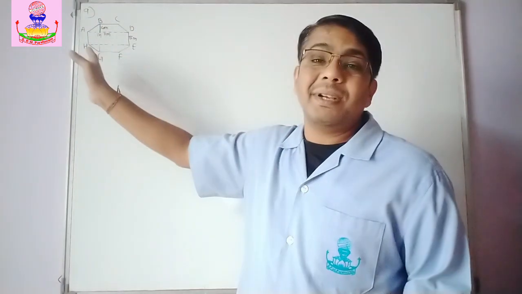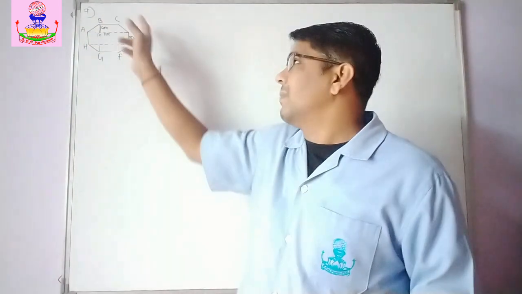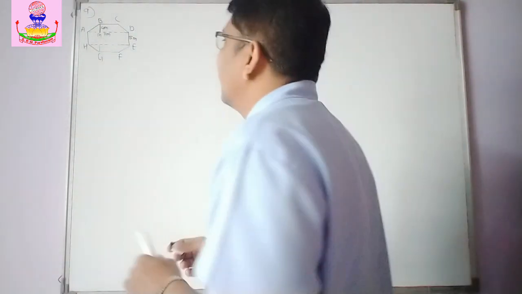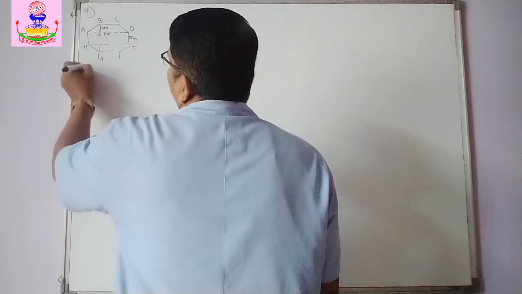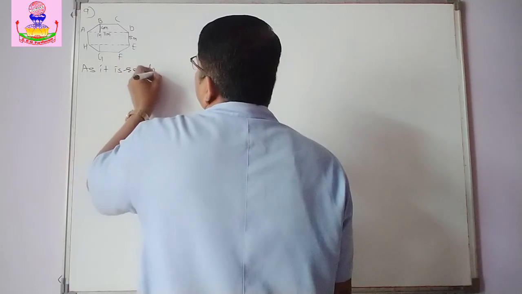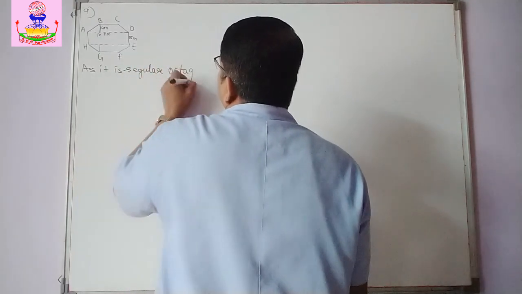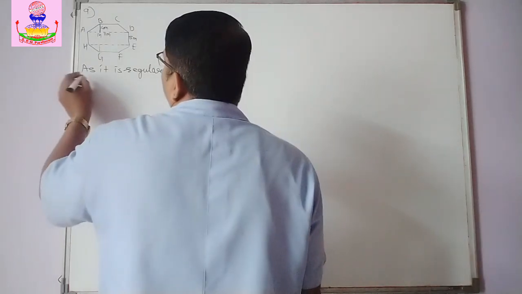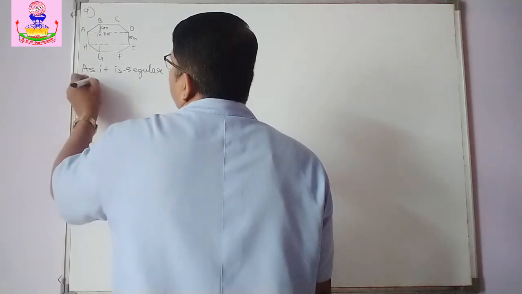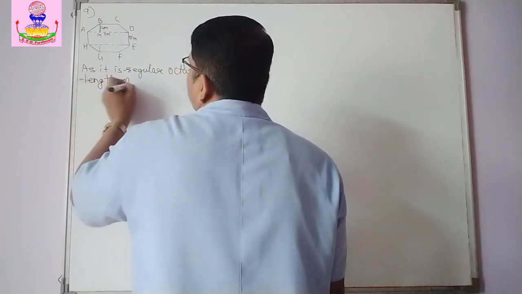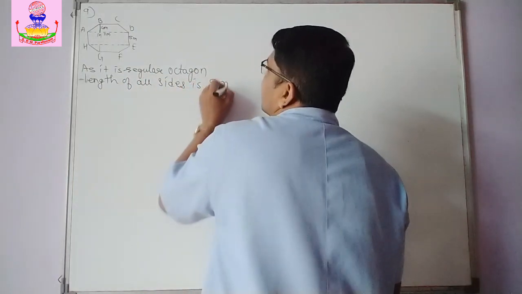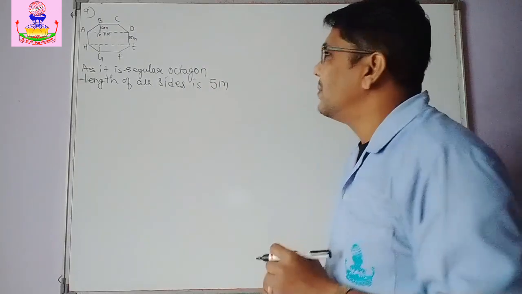So for our understanding, or to make solving the examples easy, I have labeled the figure. Now here we will say, as it is a regular octagon, the length of all sides is 5 meters.